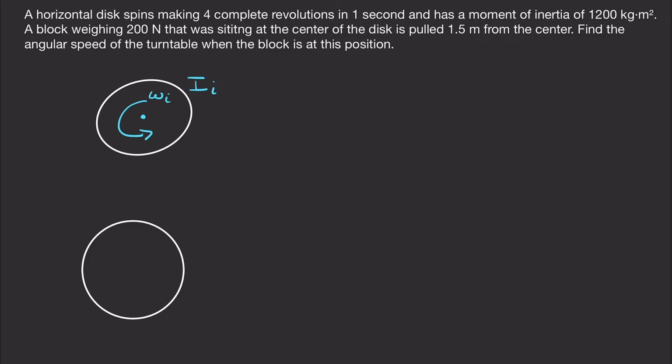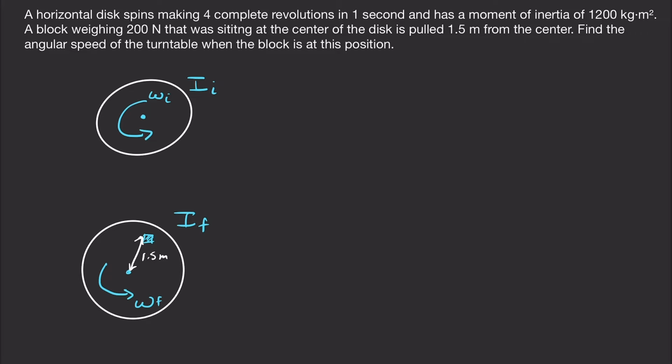But then it gets pulled out some distance away, so it's 1.5 meters from the center. And so now that's going to contribute to the moment of inertia of this disk. And so the angular velocity is going to change because it has a new moment of inertia.